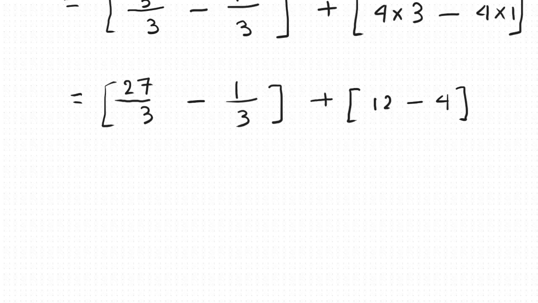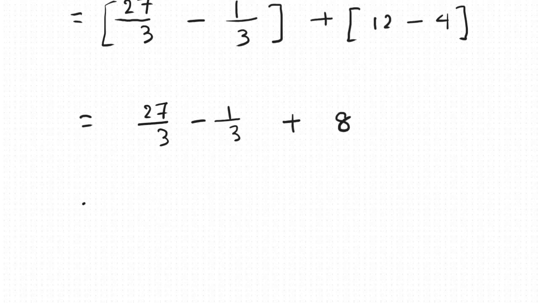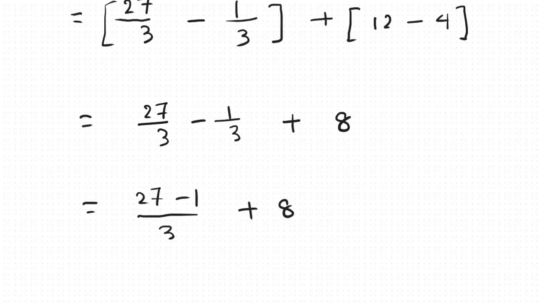Next we get 27 by 3 minus 1 by 3 plus 12 minus 4 is 8. For the first two terms we get 27 minus 1 by 3 plus 8.